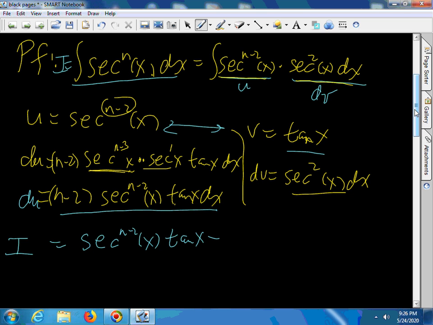So minus, I'll say the du first, it's n minus 2 times the integral of secant n minus 2 of x, du times v, which is another tangent x. That's tangent squared x. And I'll make one change. I'm going to factor out the n minus 2 in front of the integral.